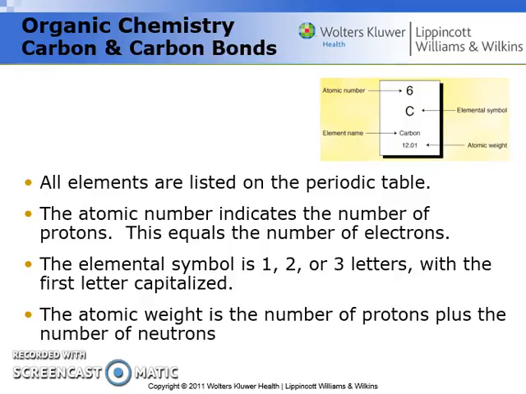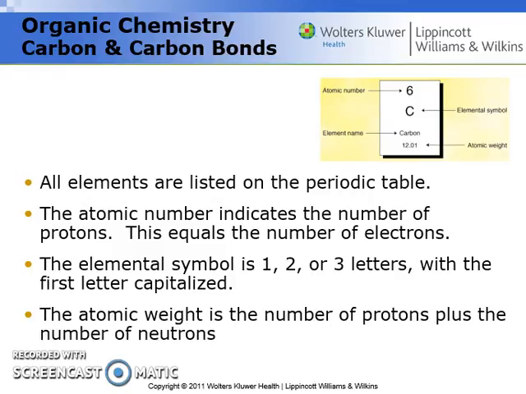So one of the key sources to help us understand chemical elements is known as the periodic table of elements. The periodic table gives us great information regarding each chemical. The chemical that we're interested in when we study organic chemistry is carbon.